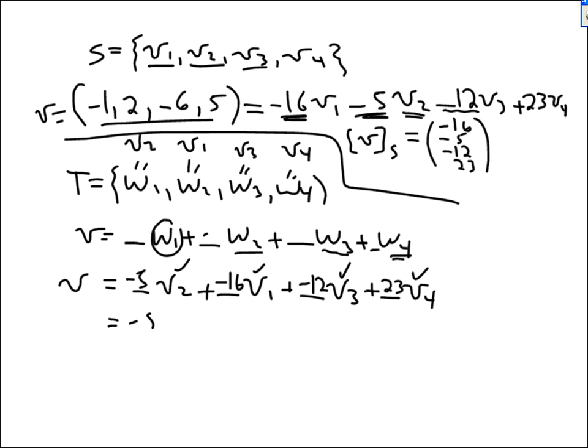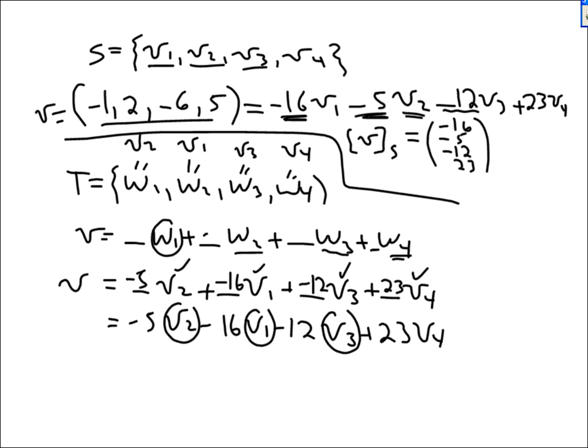That is, we get negative 5V2 minus 16V1 minus 12V3 plus 23V4. Okay, but remember, this is W1 and this is W2 and this is W3 and this is W4. So V with respect to basis T is negative 5, negative 16, negative 12, 23.